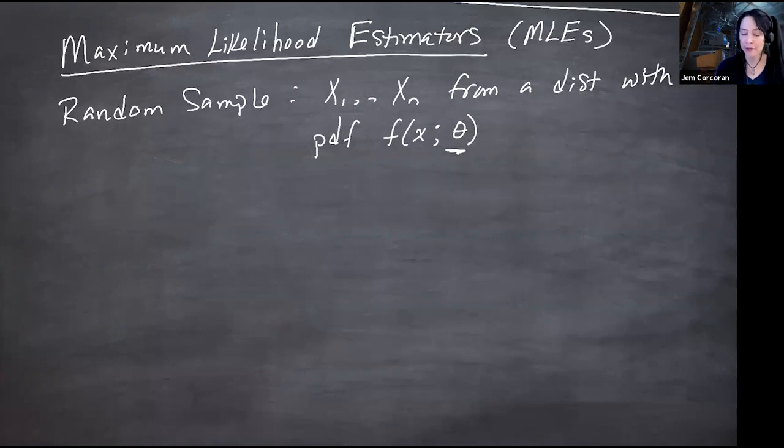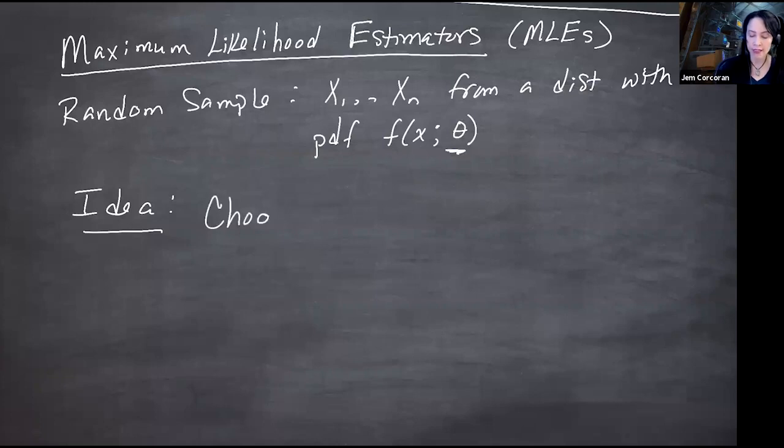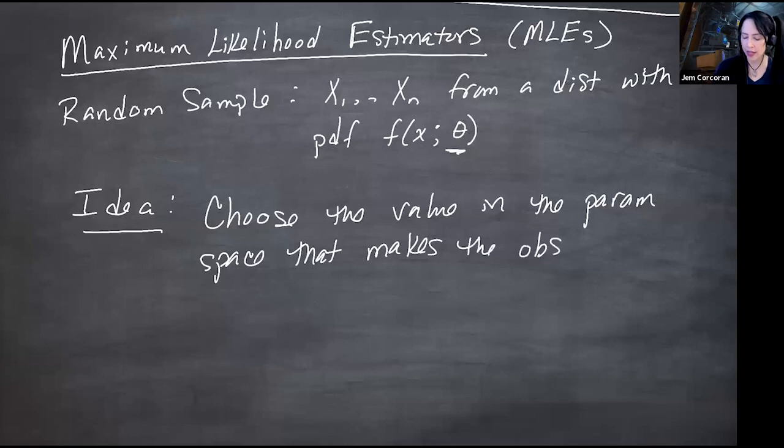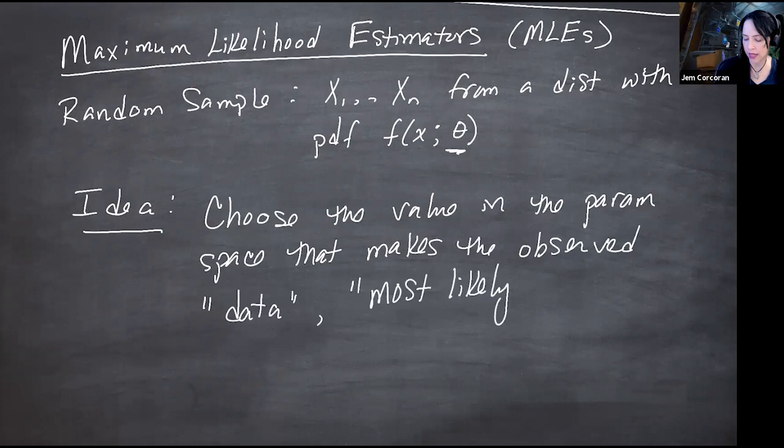So the idea behind maximum likelihood estimation is to choose the value in the parameter space that makes the observed data most likely. The observed data in quotes, because our data is x1 through xn. And I shouldn't use quotes there because now I want to say most likely in quotes. I'm going to take my quotes off of data.